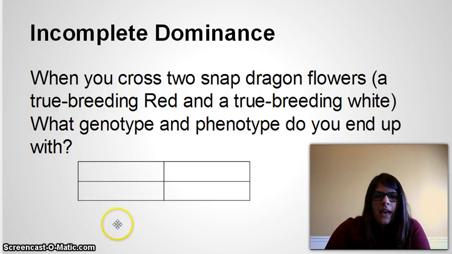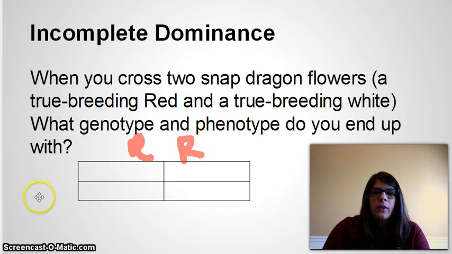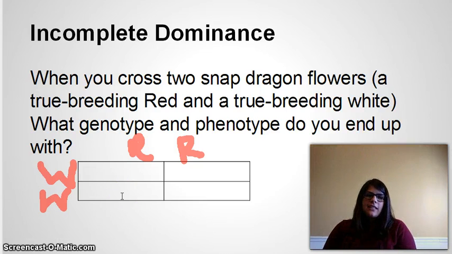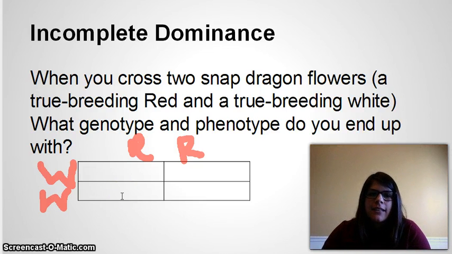Alright, so we have the true breeding red, and we're going to draw a capital R for our true breeding red. And then we have a true breeding white, which we draw a capital W for each of those. Now, as you can see, our notation here in incomplete dominance is a lot different than our notation for dominant recessive.